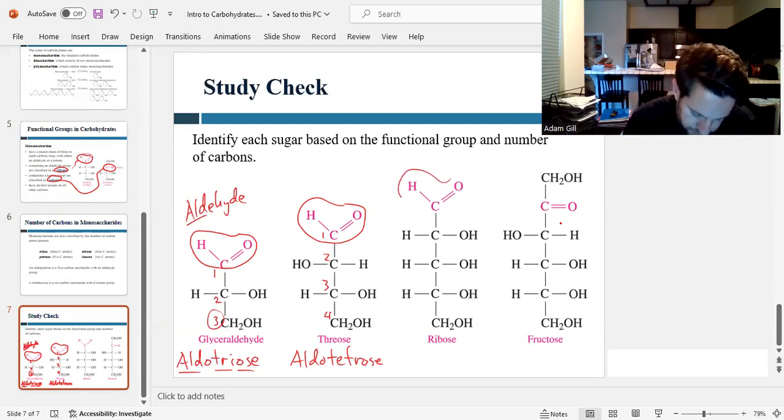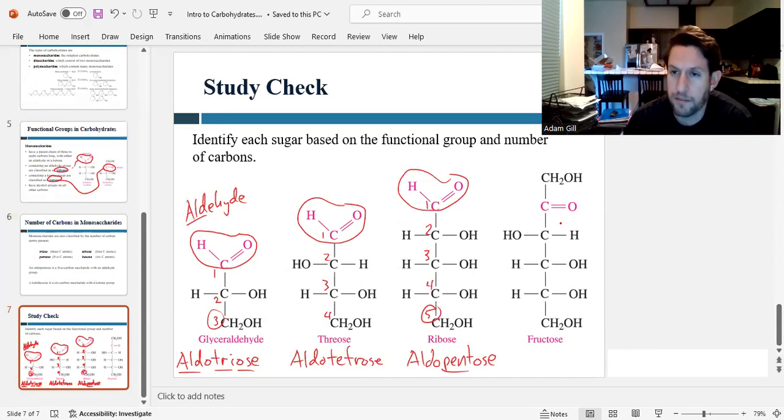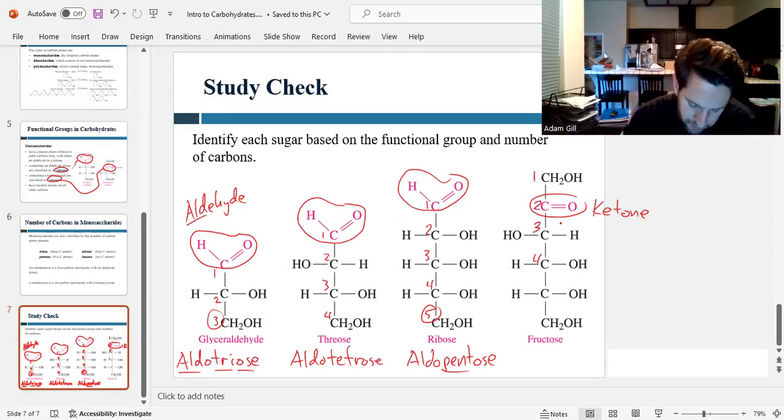And the next one here looks like it also has an aldehyde, and it has 1, 2, 3, 4, 5 carbons. So this would be an aldopentose. Pent because it has 5 carbons. Now the last one here looks like it has a ketone functional group, and it has 1, 2, 3, 4, 5, 6 carbons.